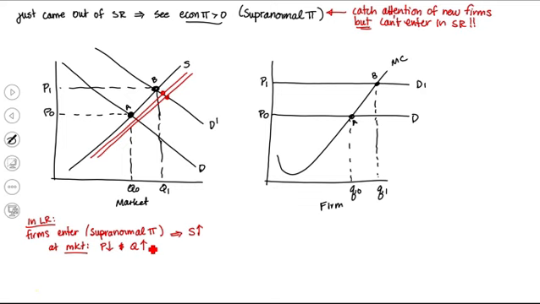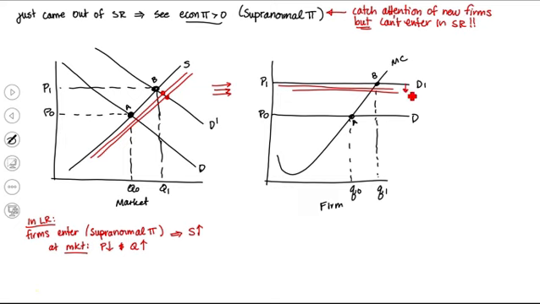All right, so guys, how is the firm going to react to this? When price falls, what does the firm do? They're price takers, remember? So they're going to start taking this lower and lower price, right?